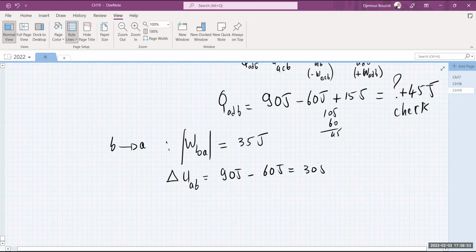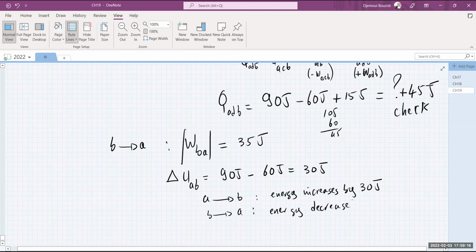So it's actually 30 joules. That means if I go from A to B, the energy increases by 30 joules. Now, if I go from B to A, the energy decreases by 30 joules.